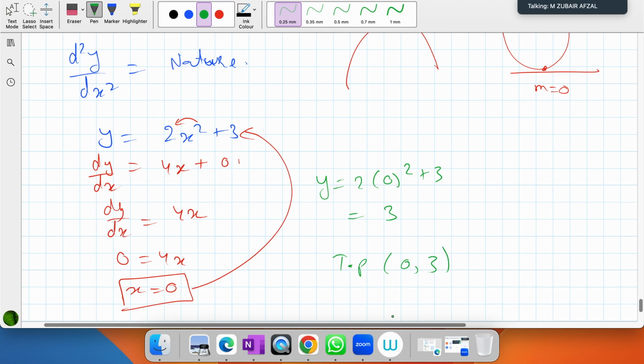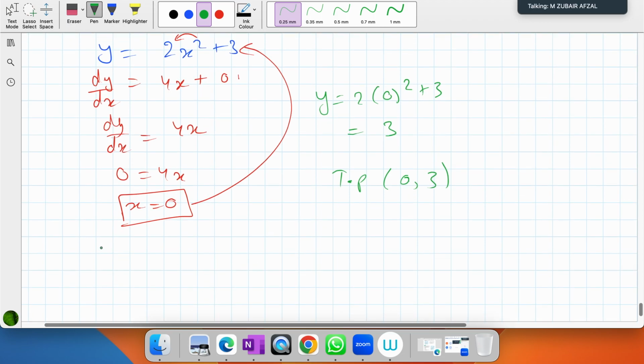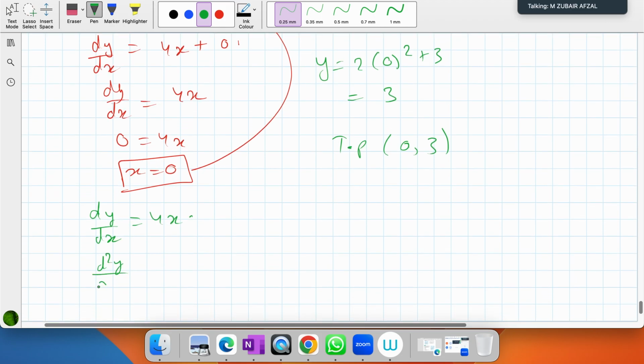Second thing, if we ask you what is the nature of the point, for the nature of the point we need d square y over dx square. So dy by dx was 4x and the double derivative would be 4. Now how do we know if it is a maximum or minimum point? When d square y over dx square is greater than 0, that is positive, it is always a smiley face.